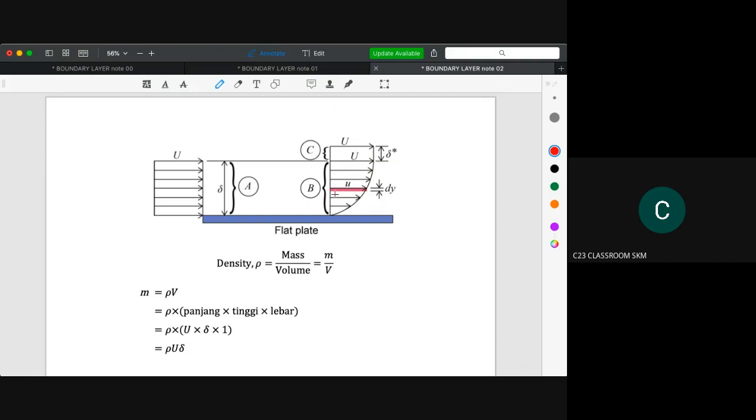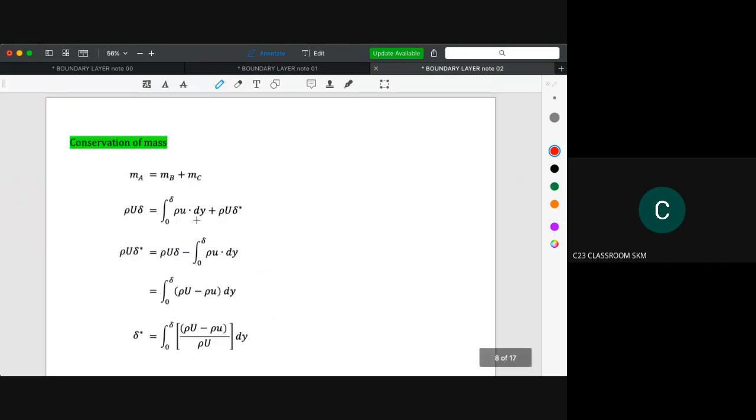So we start with a small area in area B. We assume the small area is rectangular in shape, so the thickness of that rectangle is dy and the velocity here is small u. Then the mass for that small area is rho, small u, and dy.